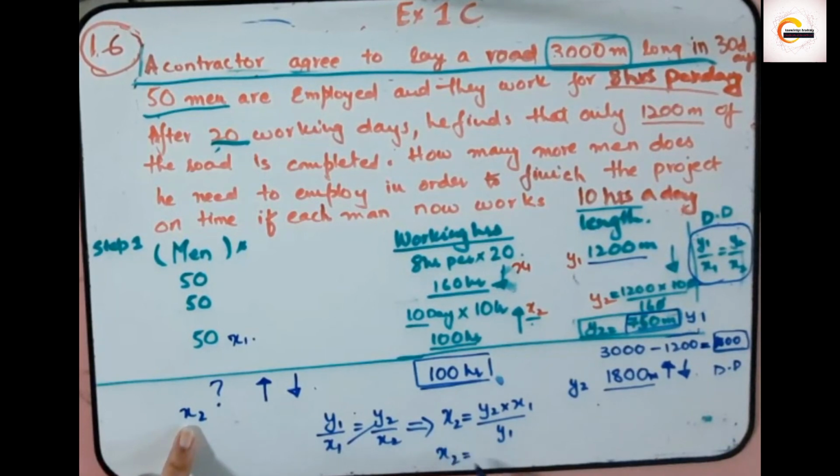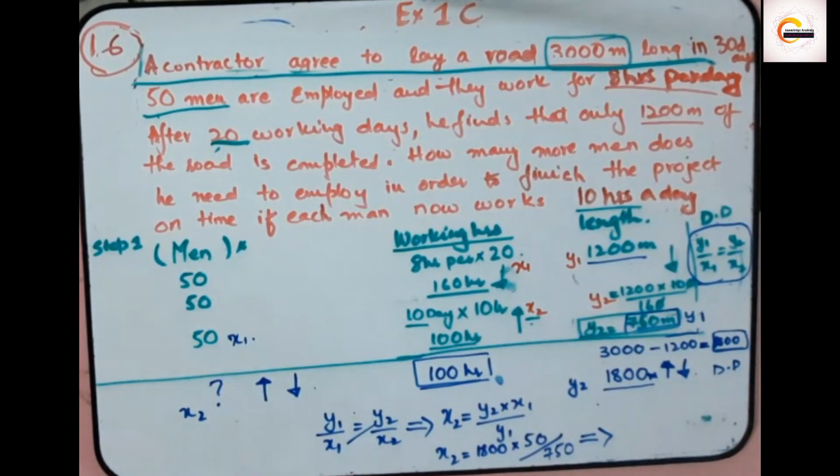And x2 is equal to 1800 multiplied by x1, which is 50, upon y1, which is 750. So our answer is going to be x2 is equal to 120 men.